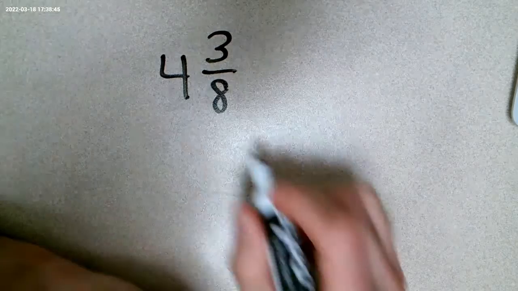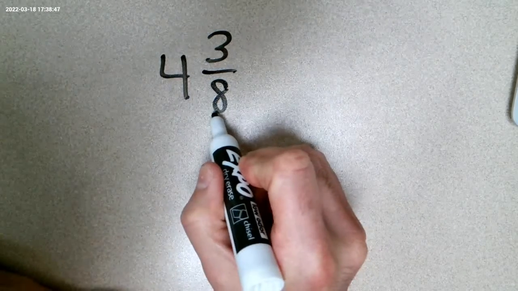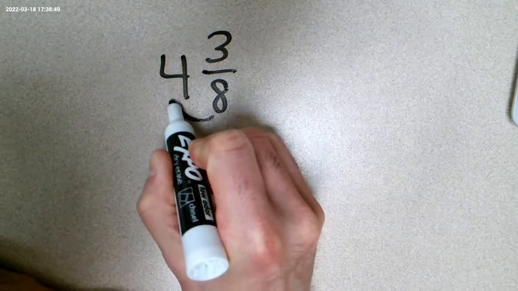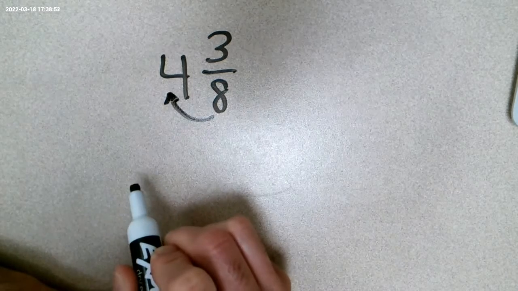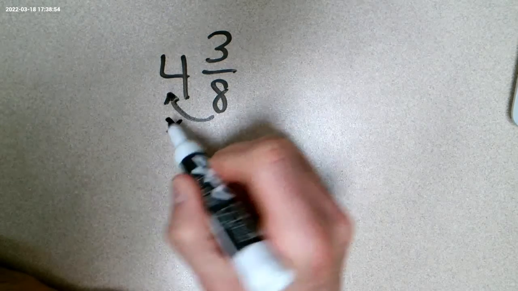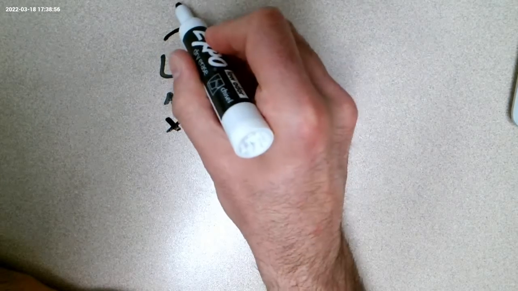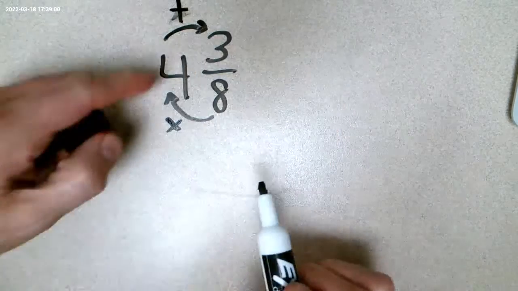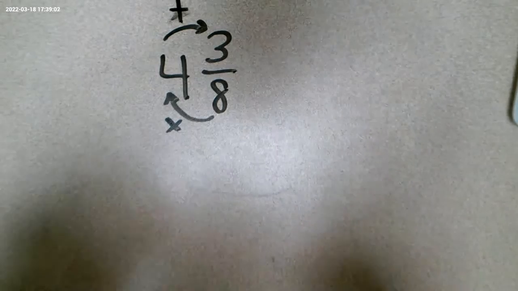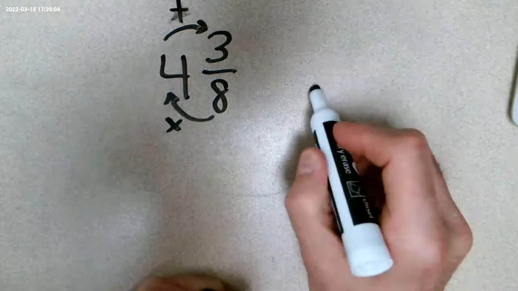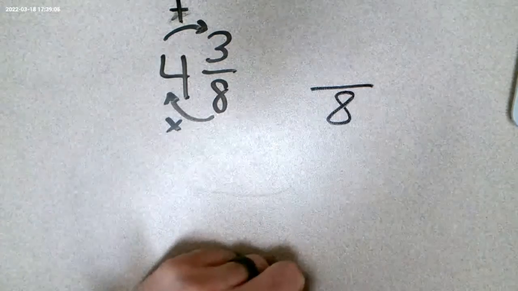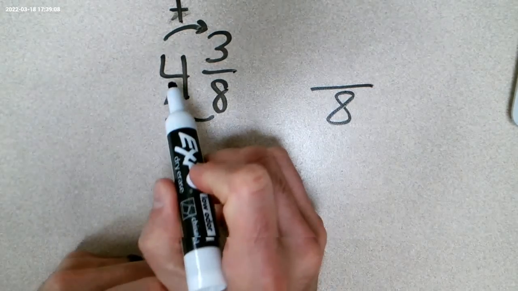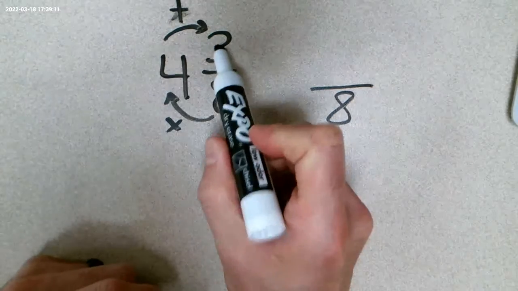So now that we've got how to take an improper fraction into a mixed number, let's go the opposite way and go from a mixed number into an improper fraction. It literally is just going backwards, and I have a pretty good method of doing this. If I have, let's say, 4 and 3/8, all I have to do is take the denominator and multiply it by the whole number.